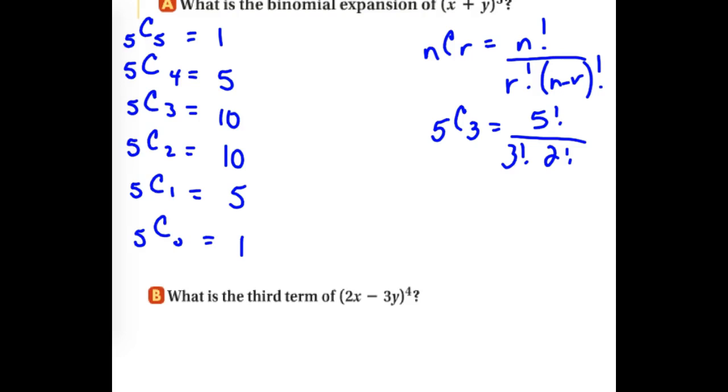So 5 factorial is 5 times 4 times 3 times 2 times 1. 3 factorial is 3 times 2 times 1, so these are all gone. 2 factorial is 2 times 1. I can reduce 4 and 2 to 2 and 1. 5 times 2 is 10. Now, I asked you to just type it in your calculator, 5C3, and get 10.